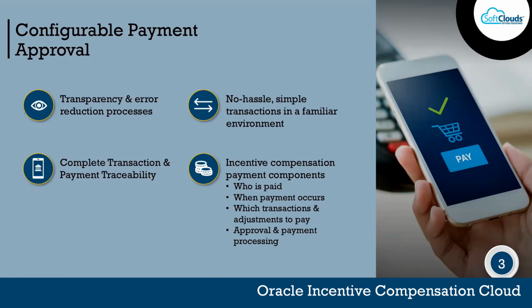And we can automatically trigger that workflow based on certain triggering events. So any number of things, like who gets paid or when they get paid, or whether there are adjustments or modifications to the transaction, any number of these things can be done using this payment approval or the configurable workflow.